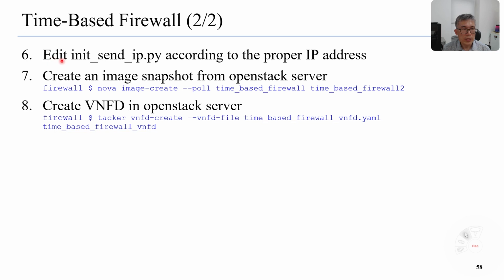After that, edit the send IP Python file according to the purple IP address, create an image snapshot from the OpenStack server, and create a VNFD in the OpenStack server using this Tacker command.